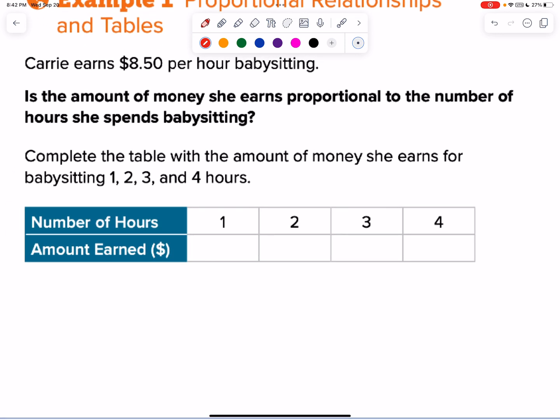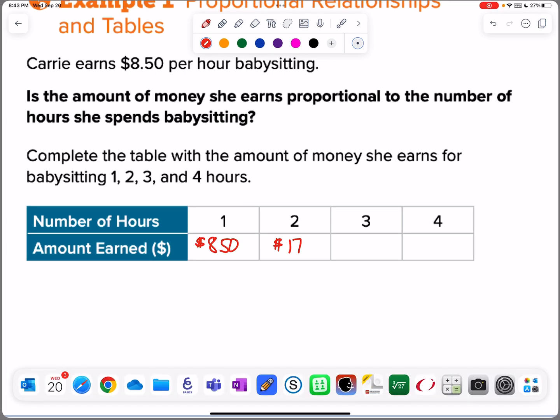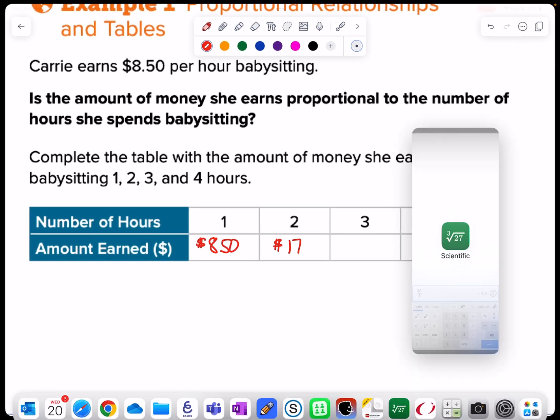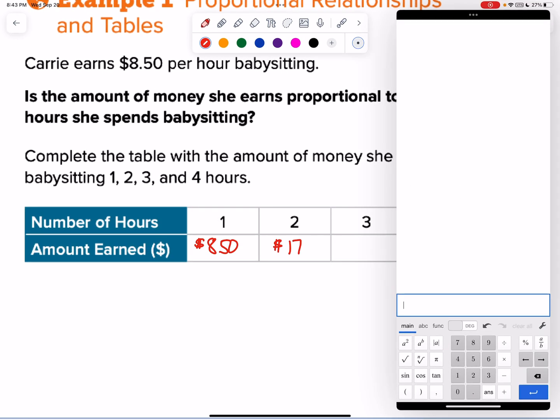So for 1 hour, how much money? We just write in $8.50. If it's 2 hours, we're doubling that, right? So that's $17. If it's 3 hours, that's another $8.50. Or you could just do $8.50 times 3 hours, because that's the unit rate.